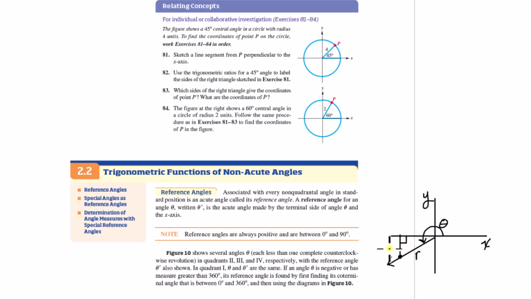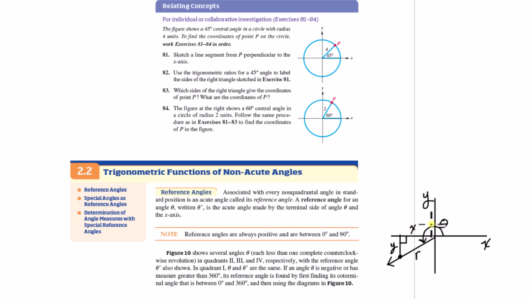So this is R, this is Y, this is X. But keep in mind that in this case, this would be negative Y, this would be negative X. Then you come to this angle within the right triangle whose vertex is the origin, and you do SOHCAHTOA. Well, that angle is the reference angle. If you draw this setup in any quadrant, that angle is the reference angle.